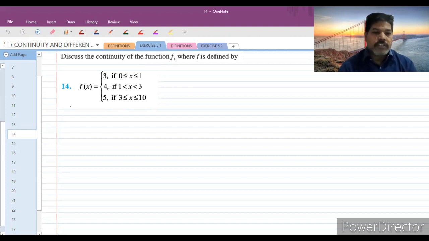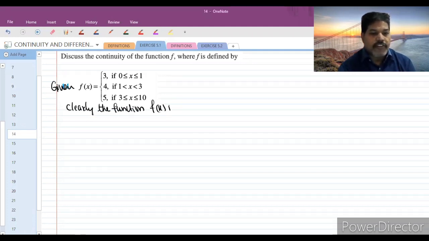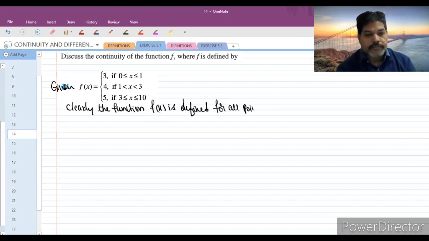So first you have to see the given function. Clearly, the function f of x is defined for all points in the interval.